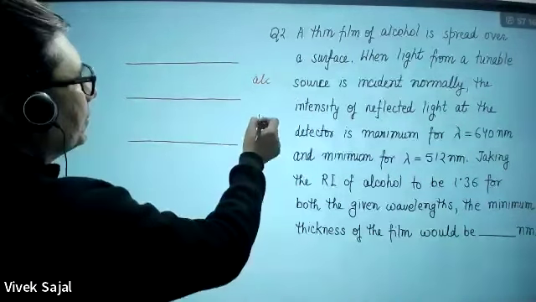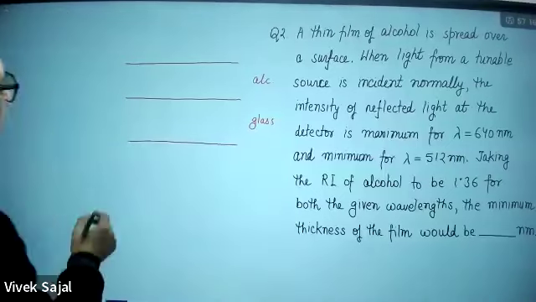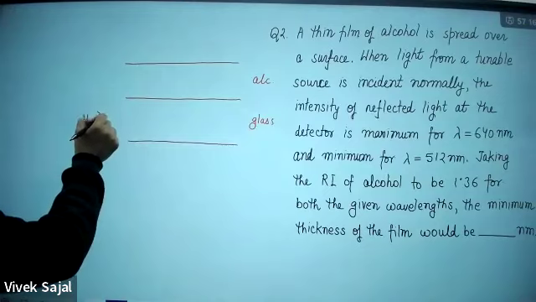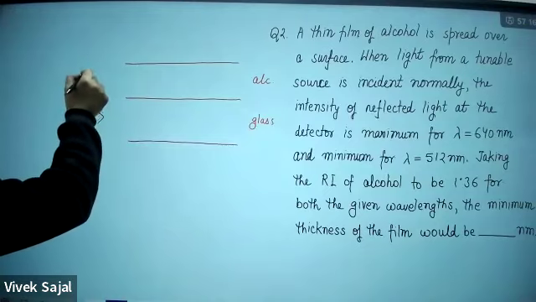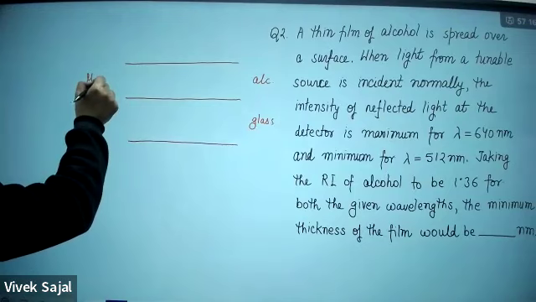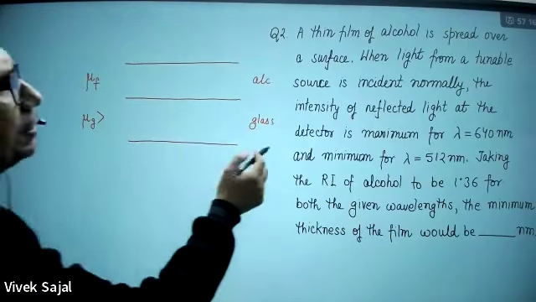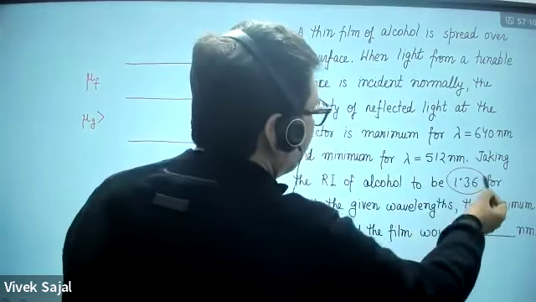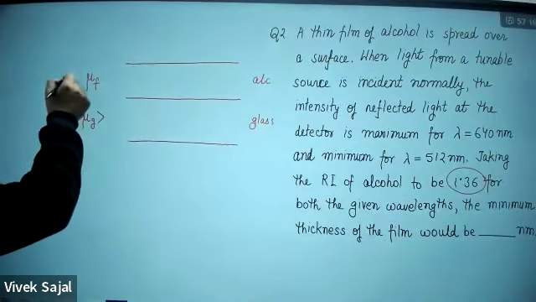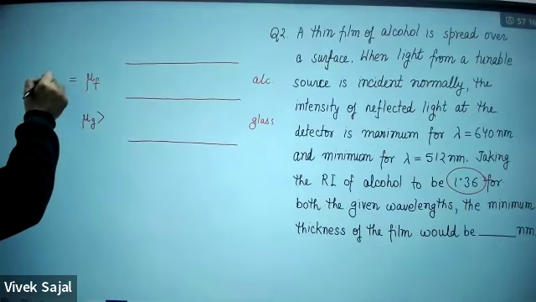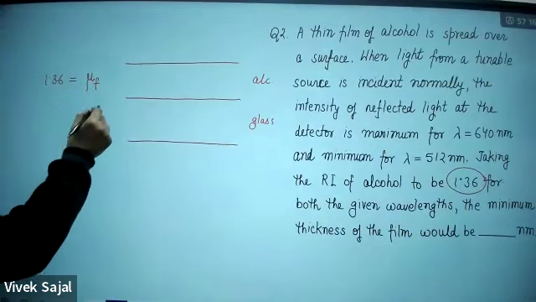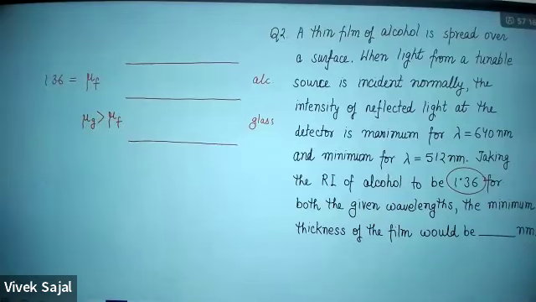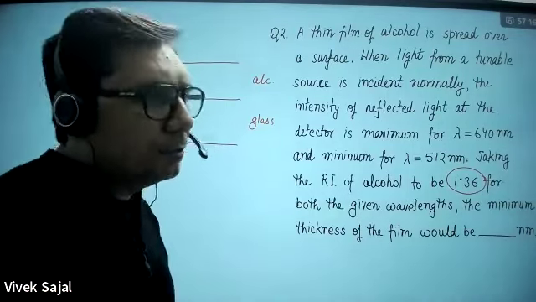Here mu g is greater than mu film, which I'm saying is mu f. And what is the refractive index of alcohol? That is 1.36. So the film has a refractive index of 1.36, and mu g is greater than mu f. It is not given here, but it is understood.